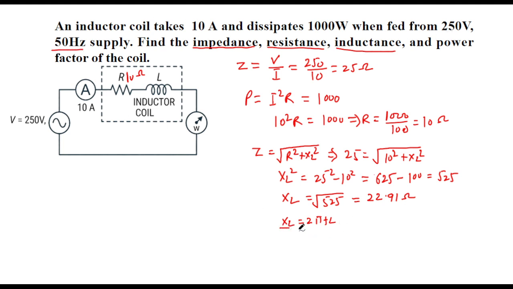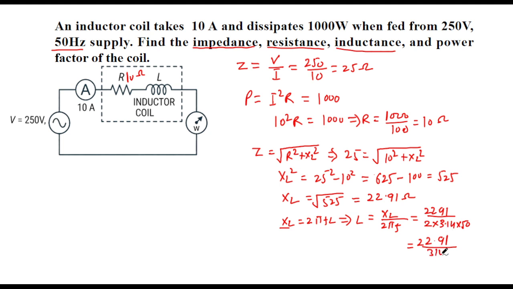Since we know the value of XL, L can be given as XL divided by 2 pi F. So it is 22.91 divided by 2 multiplied by 3.14 multiplied by 50, which is 22.91 divided by 314.